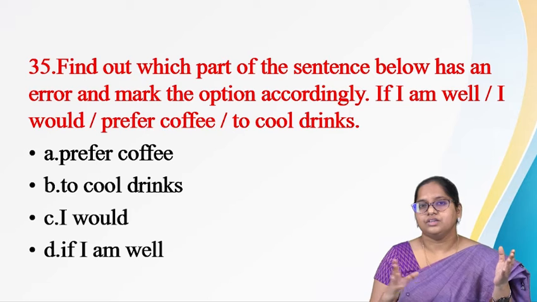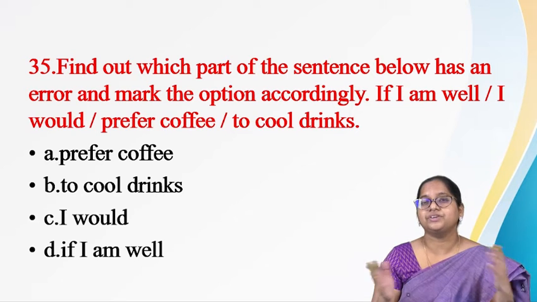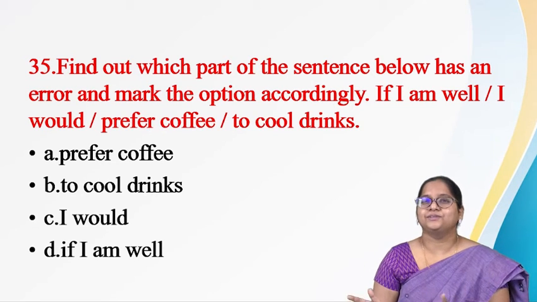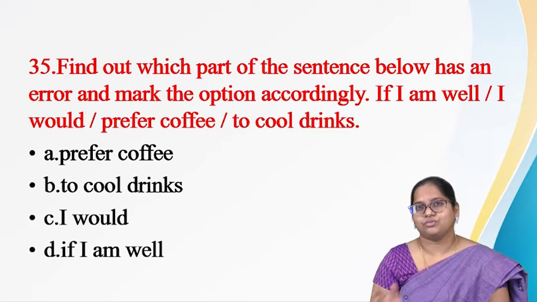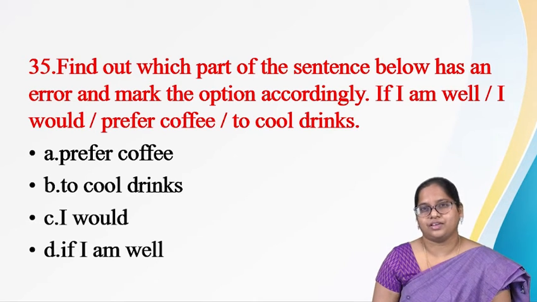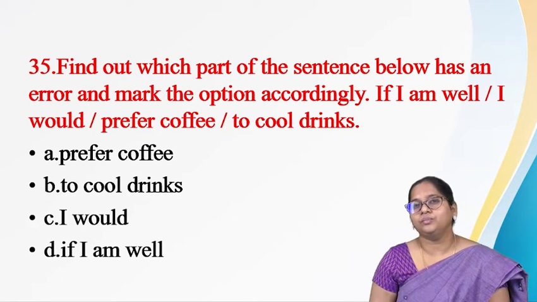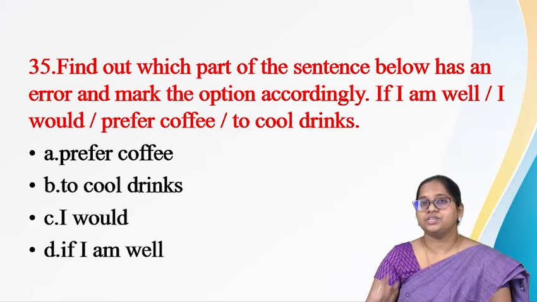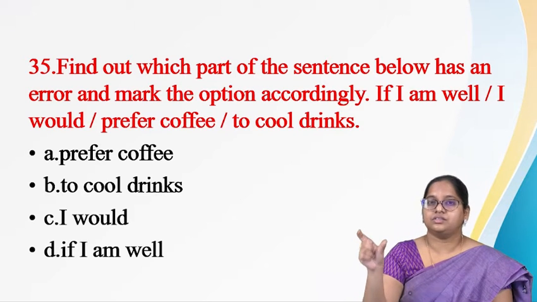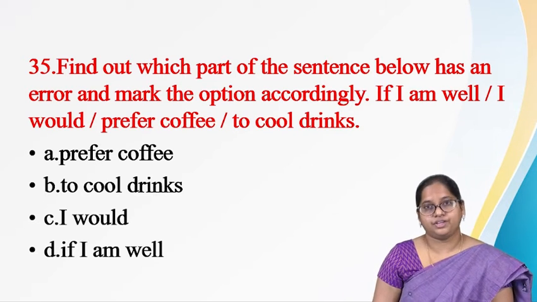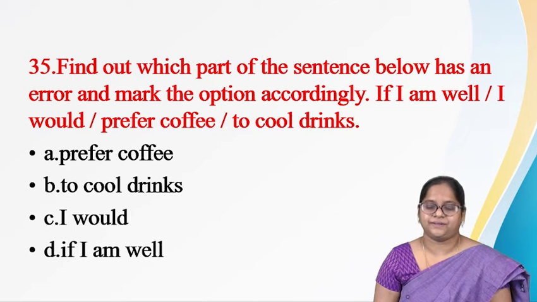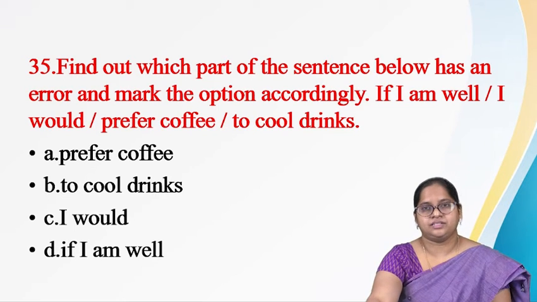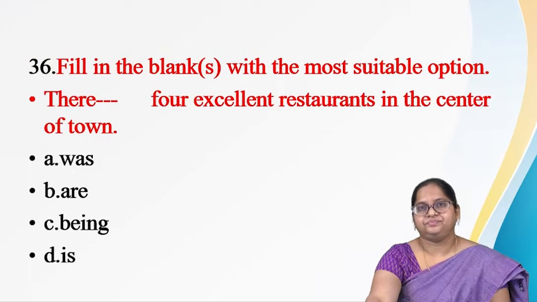You don't all of a sudden shift from a hot coffee to a glass of cool drink. So coffee to cool drinks is the wrong answer. The question says find out which part of the sentence has an error. Now, to cool drinks is the wrong phrase. That is the answer, option B.